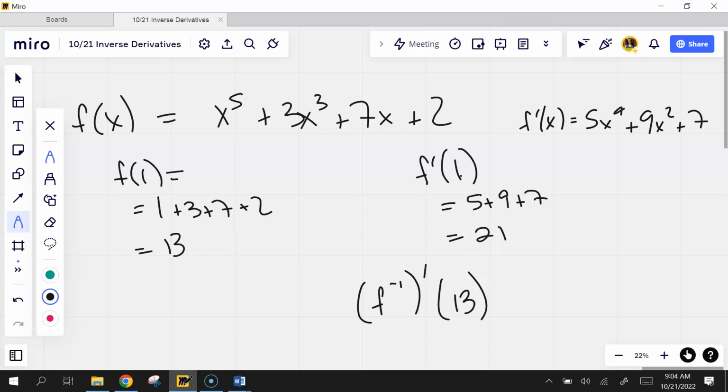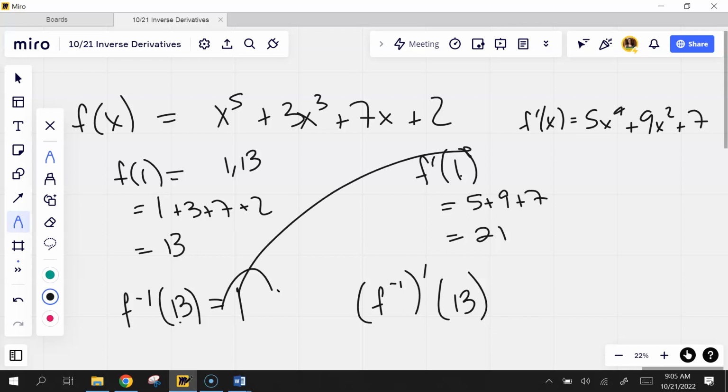So I'm talking about, okay, what is this? 1, right? Because this point is really just (1, 13), so the inverse of that would be (13, 1), right? So now I'm looking at this inverse. So the inverse at 13 would be when I'm plugging in 1 and I'm going to reciprocate it. So it's going to be 1 over 21.